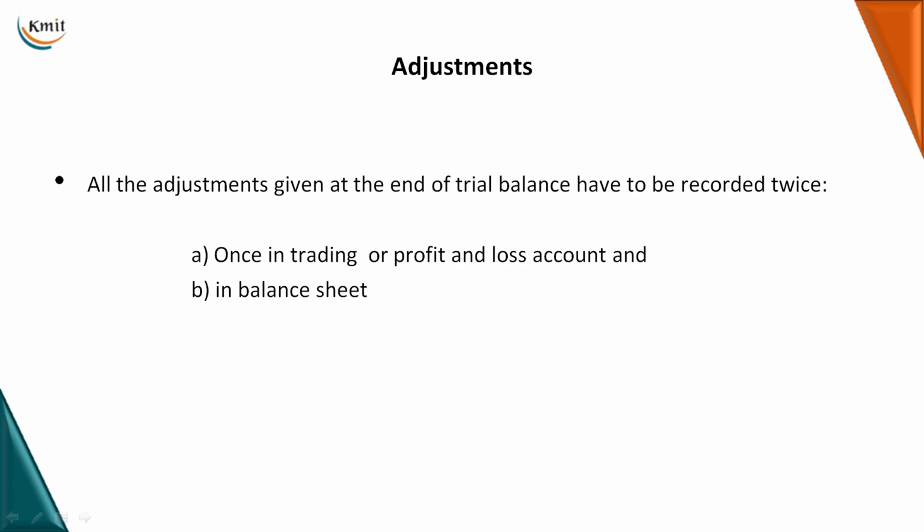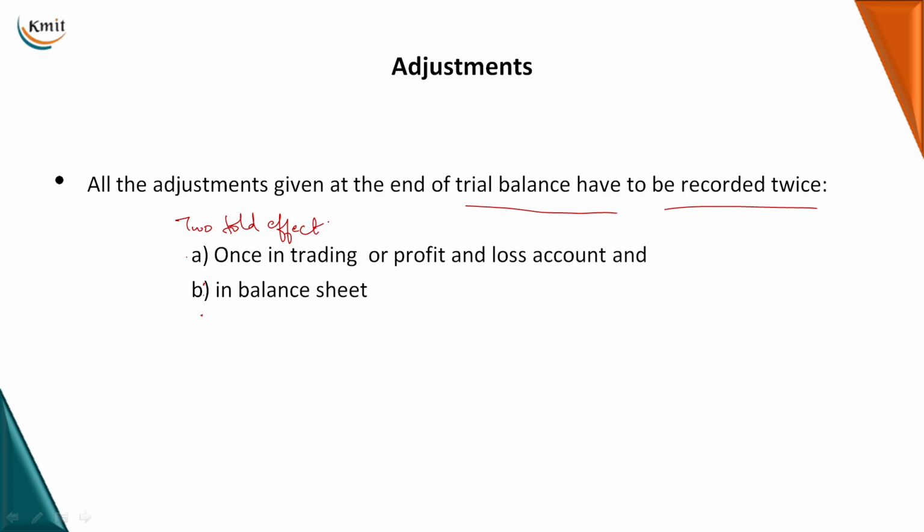So all the adjustments given at the end of the trial balance will be recorded twice. That means it will have a twofold effect. For every adjustment there will be a twofold effect.